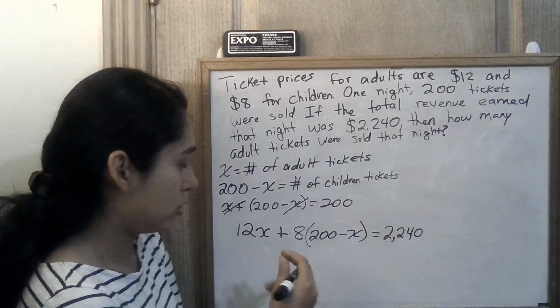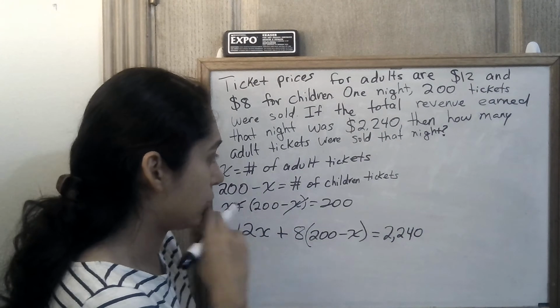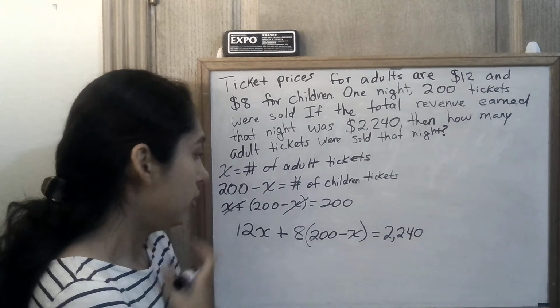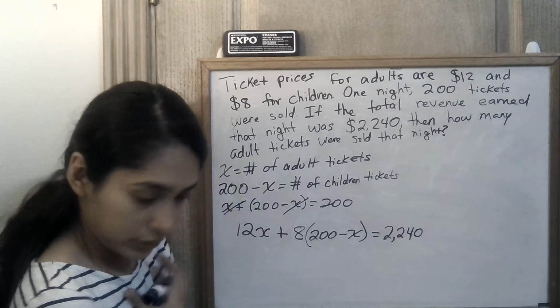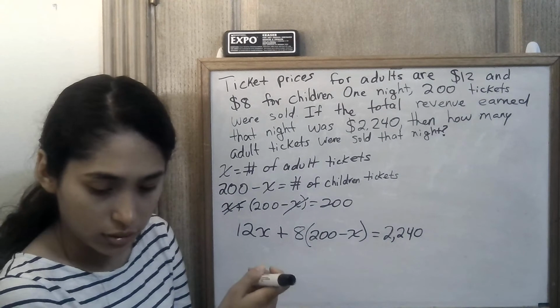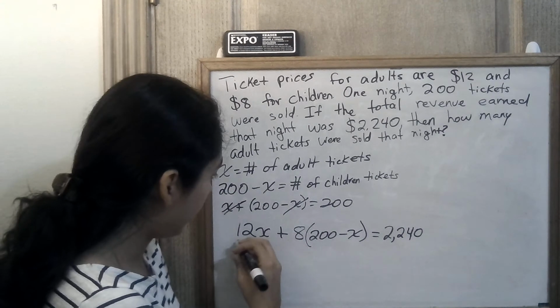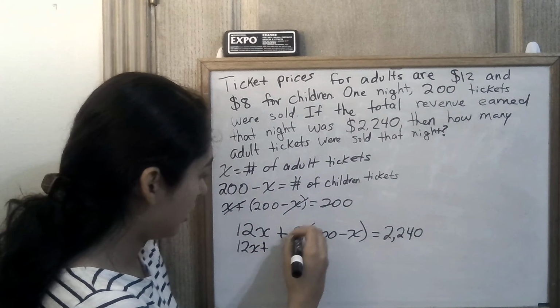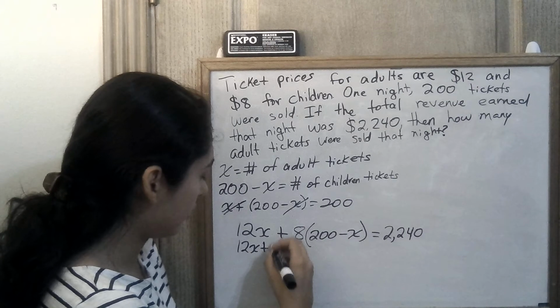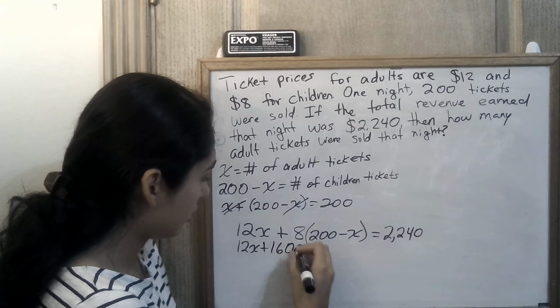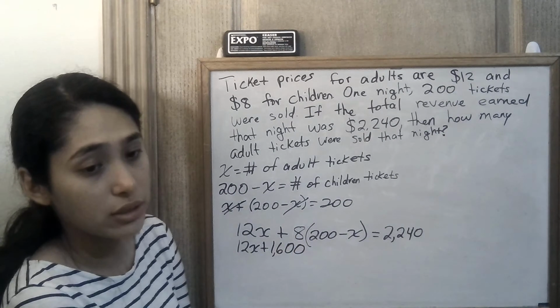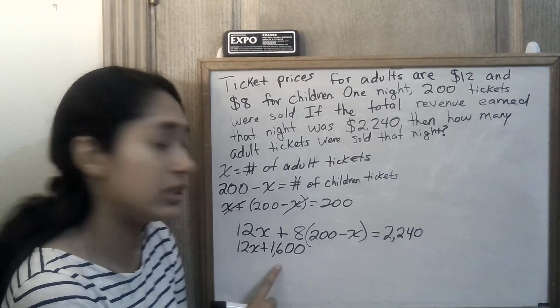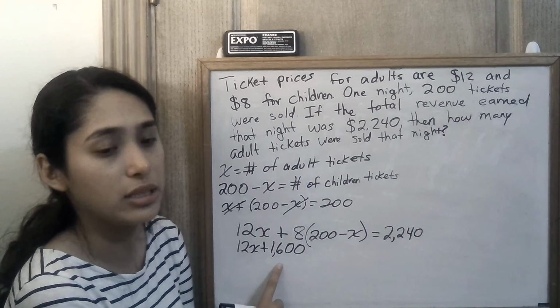So let's simplify this and then try to isolate the x. Excuse me. So we have 12x plus 8 times 200 is going to be 1600 or 1600. The reason they call it 1600 is because it's 16 times 100.